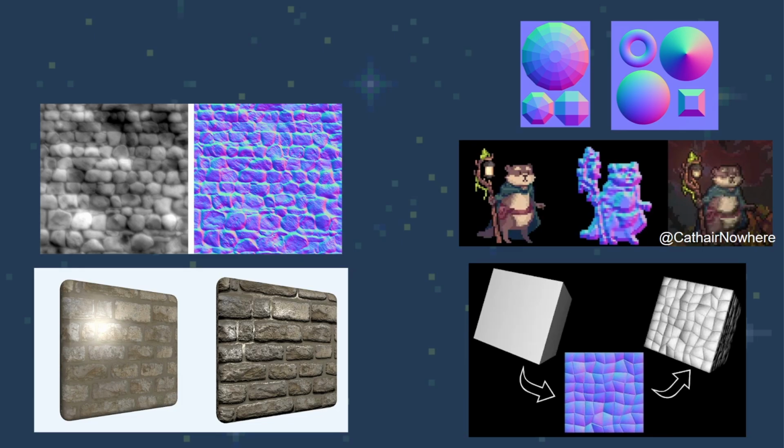Another thing that we can use is a normal map. As I was talking about before, a surface normal is the direction that that surface is facing. So if you have a flat wall, then it's going to be completely perpendicular to it.